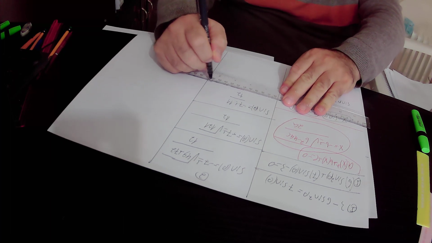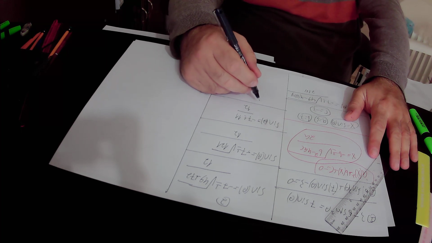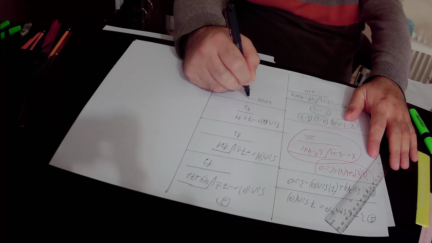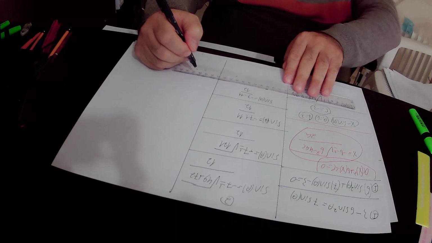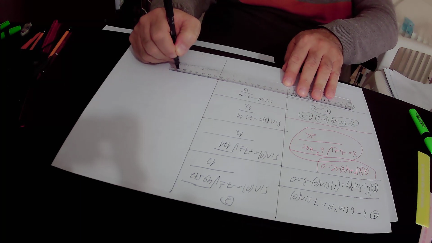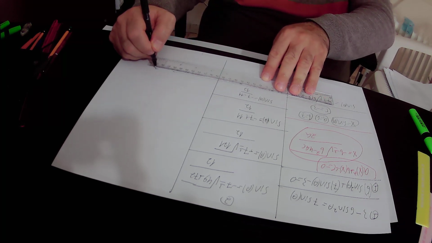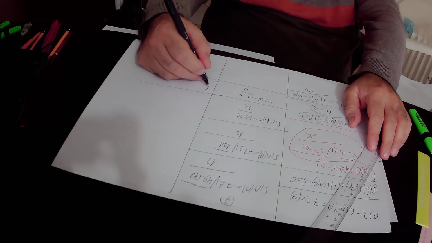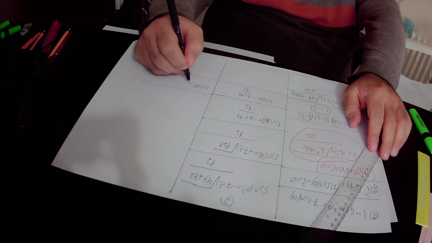So actually we will have two solutions for sine theta. The first solution is that sine theta is equal to minus 7 minus 11 over 12, and the second solution for sine theta will be that sine theta is equal to minus 7 plus 11 over 12.